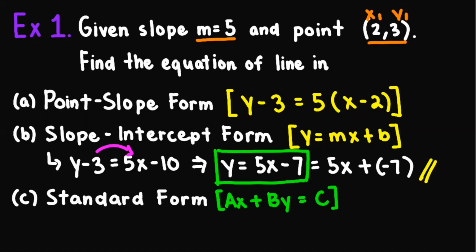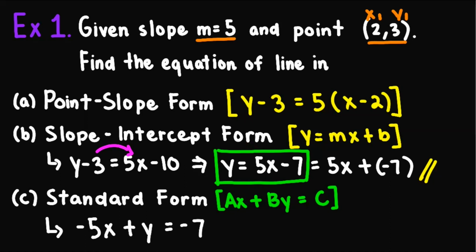So given that, using y equals 5x minus 7, we can start by moving 5x to the left side. So that will give us negative 5x plus y equals -7.